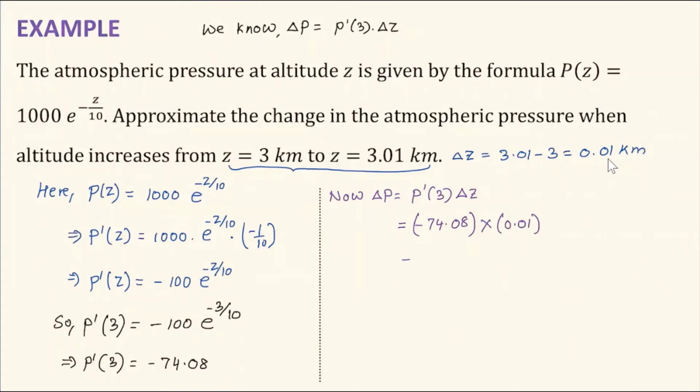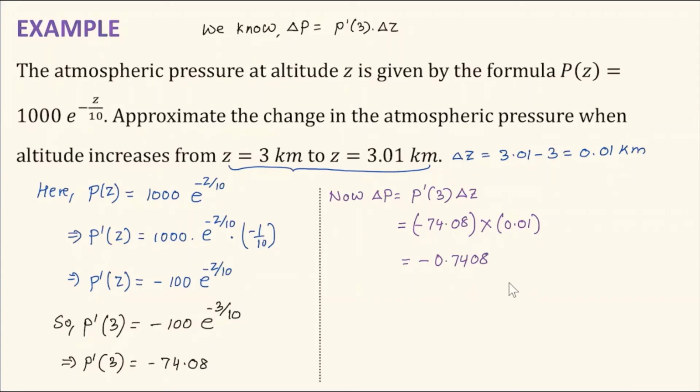Negative 74.08 times 0.01 is negative 0.7408. So that is the change in pressure.